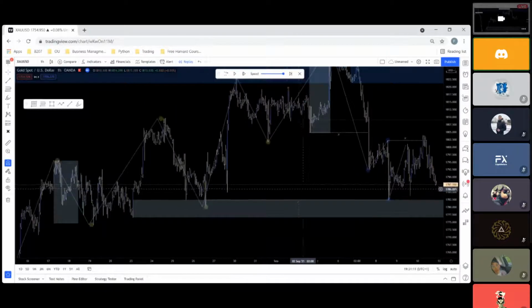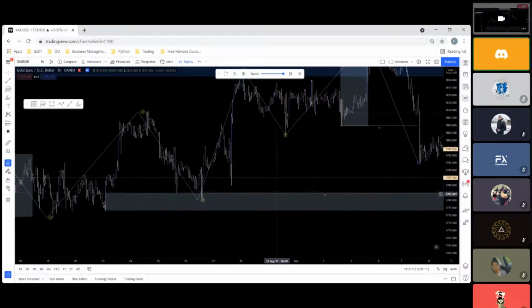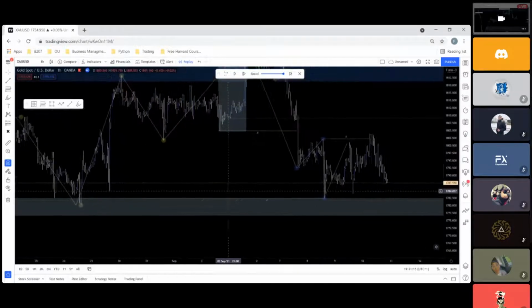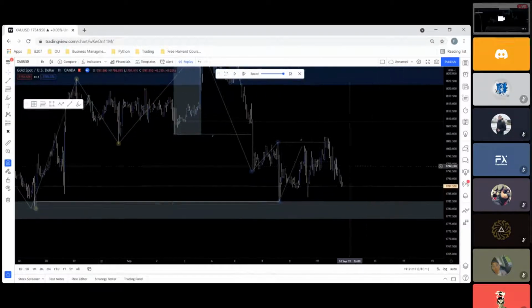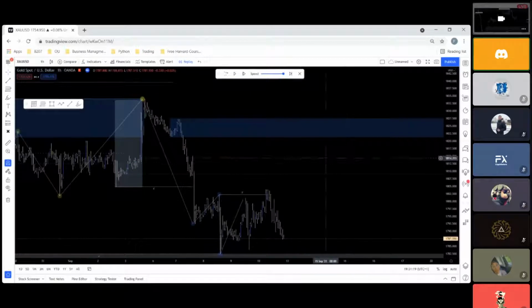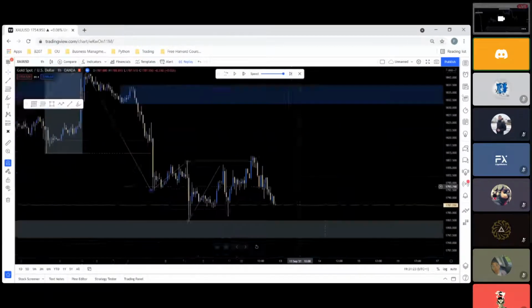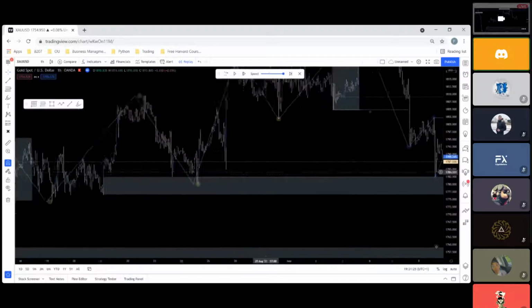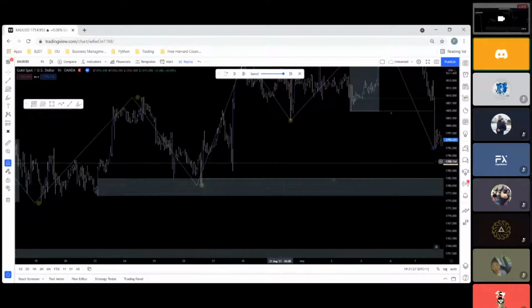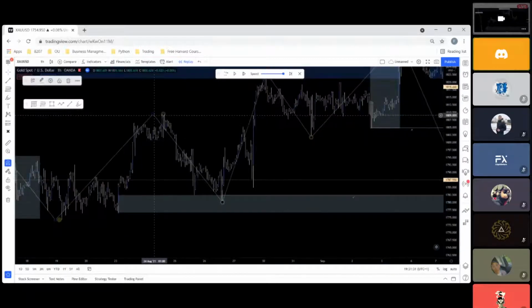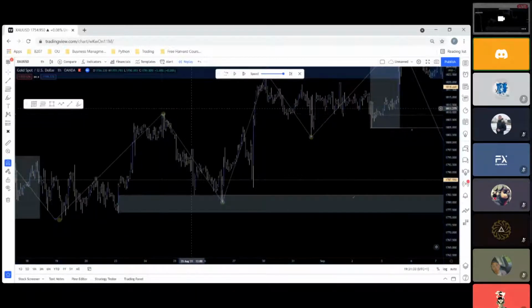Although we've held structure here, and you could argue we're potentially going to break up to the top side to maybe test this or start clearing the stops I mentioned, I wouldn't be surprised if this does get broken, purely because gold liquidates so frequently.